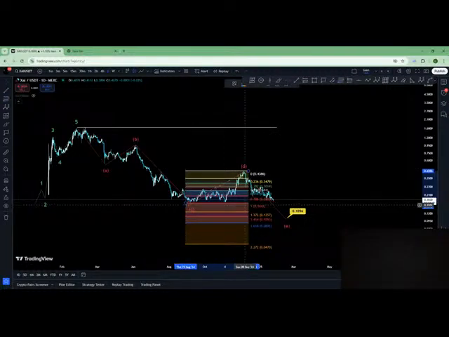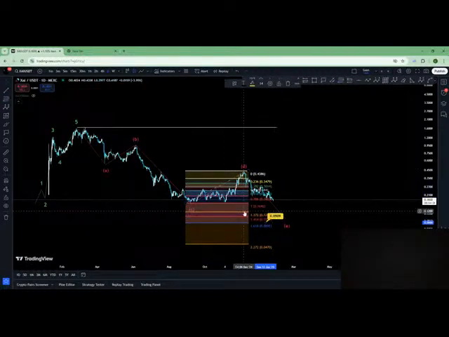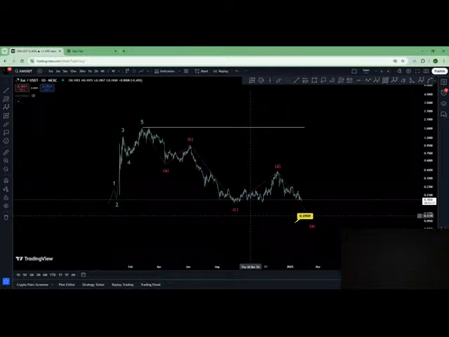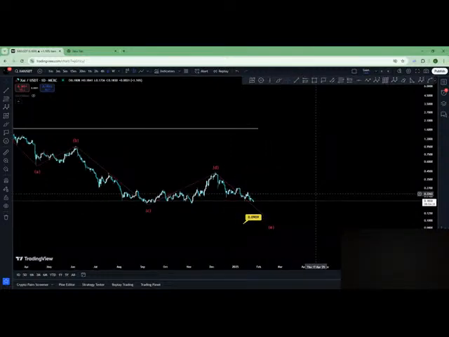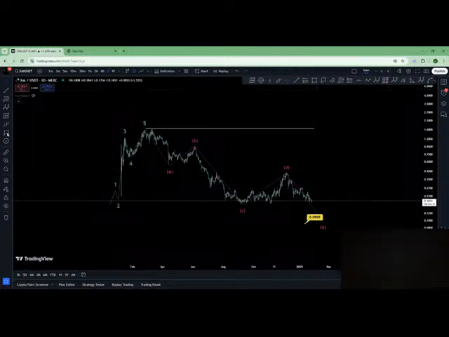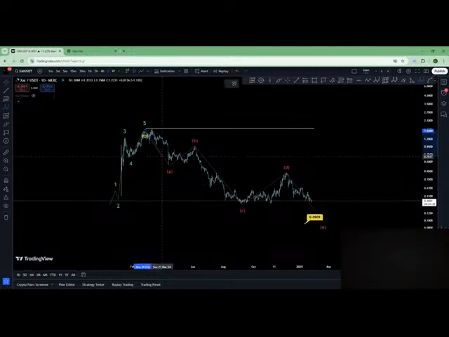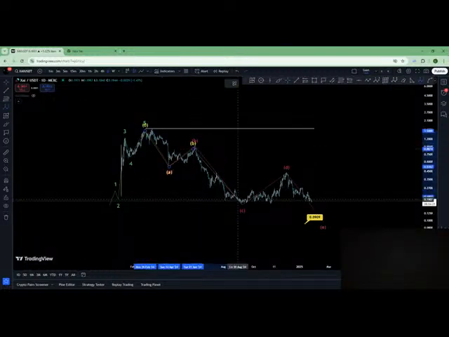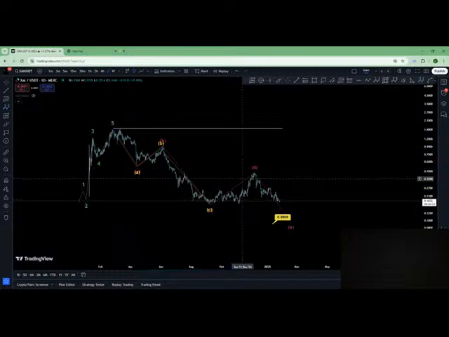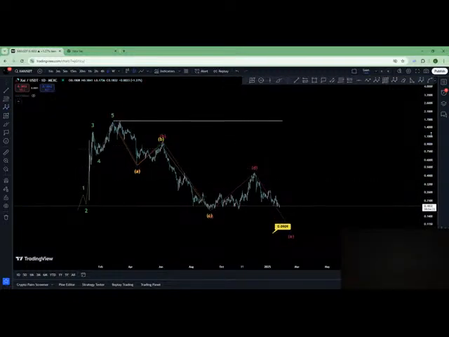It should go at least to the range of $0.08, I mean $0.09 per coin. And if you go with the ABC pattern, the correction wave has ended right over here.